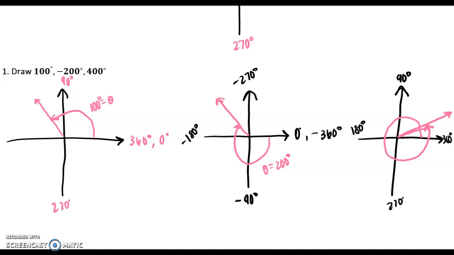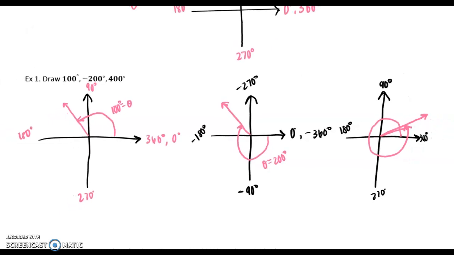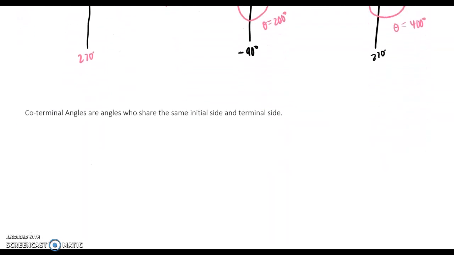So that's how you draw angles. You just want to make sure you label the 90, 180, 270, and 360 so you know kind of where to go. And then you want to make sure that you put your arrow and then that you label it. So theta is equal to 400 degrees.